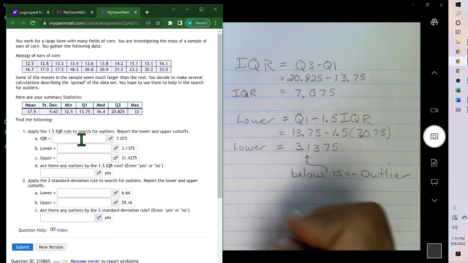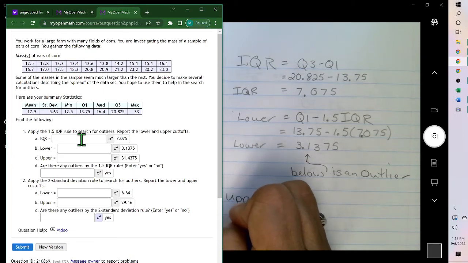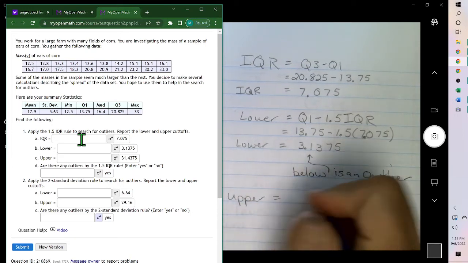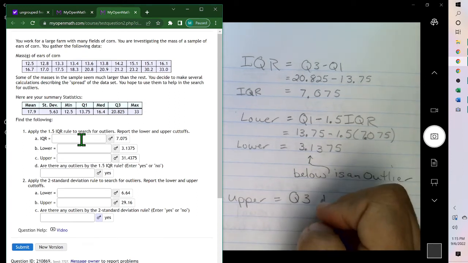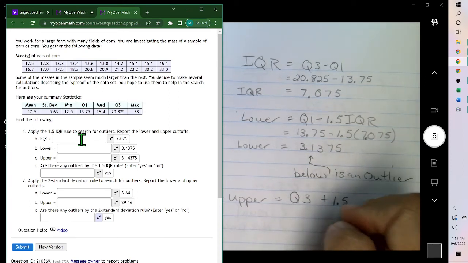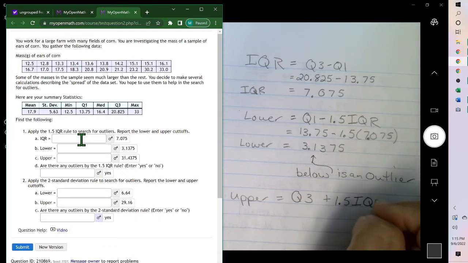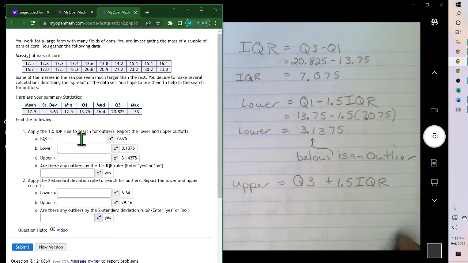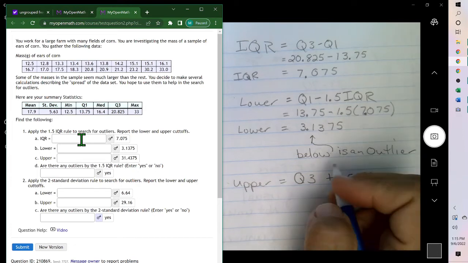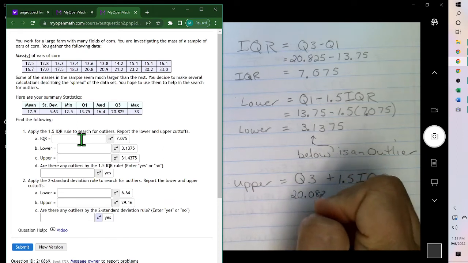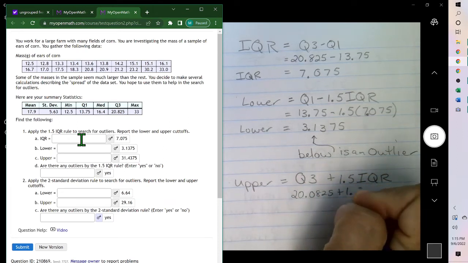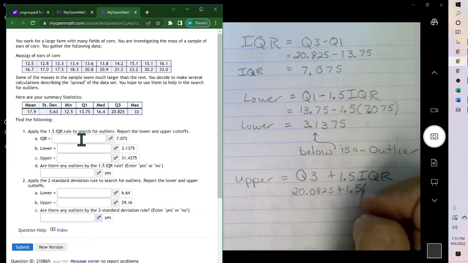To find the upper value, you take the upper quartile and add 1.5 times the interquartile range. And that would be 20.825 plus 1.5 times the interquartile range.